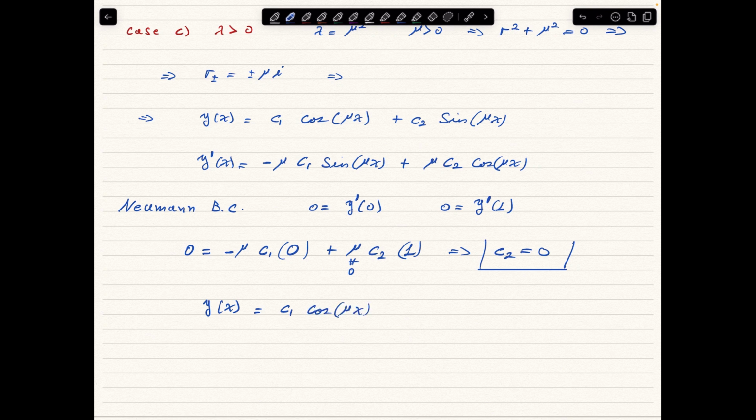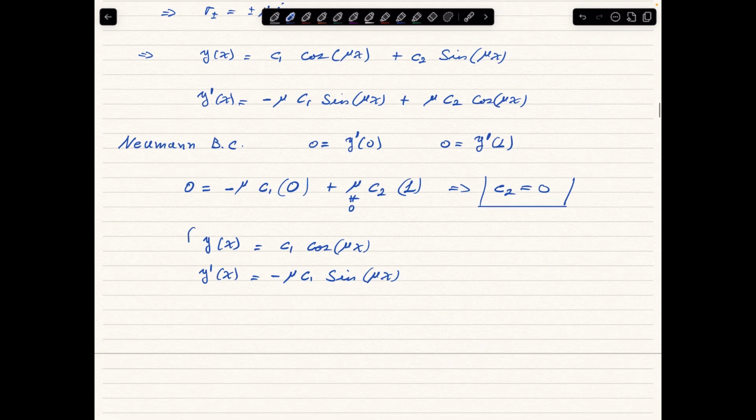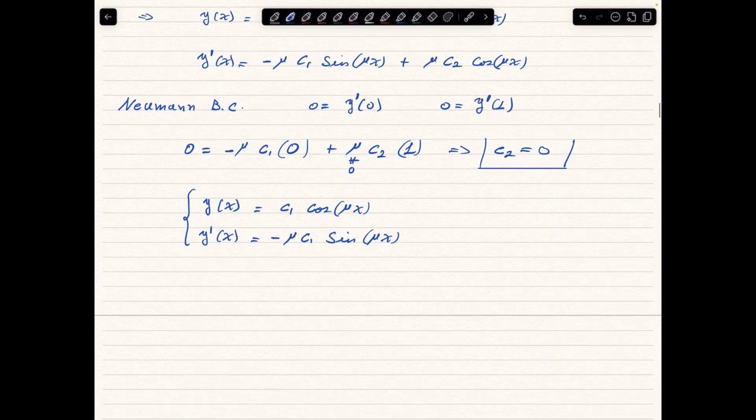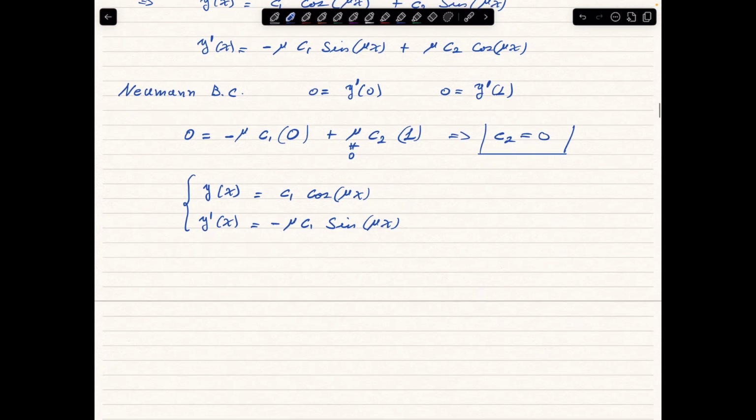Good, which means that its derivative is just negative mu c1 sine of mu x. Alright, now that we have that, we can impose the second Neumann boundary condition, which is 0 equal to the derivative at L, and that is negative mu c1 sine of mu L.